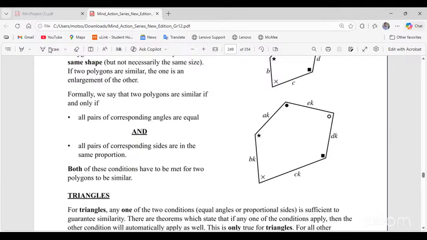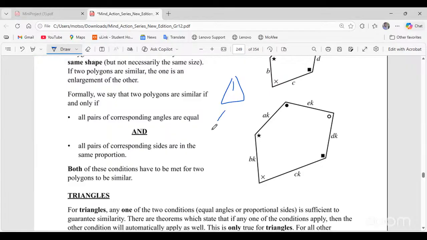If you show that, let's say this is my triangle 1 and this is triangle 2, that this angle is equal to this angle, and this is equal to this angle, then automatically the sides will hold. Then we have proven that these triangles are similar.